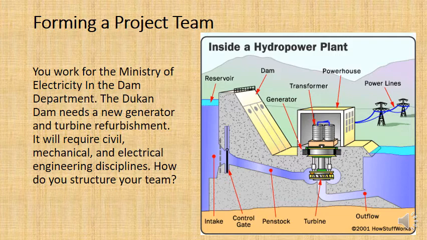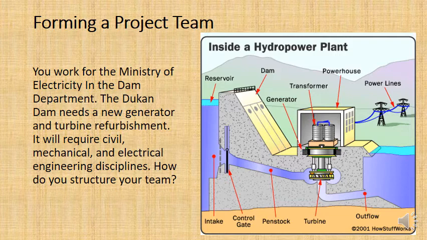You can see that it encompasses civil engineering, mechanical engineering and electrical engineering components and disciplines. You've got the dam itself, you've got the penstock, the channel that the water travels through, you've got the draft tube where the water spins around the turbine, and then you've got the outlet or the draft tube. All of that is the responsibility of a civil engineer.